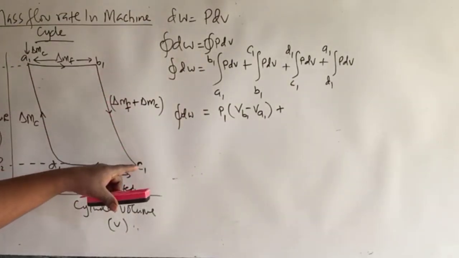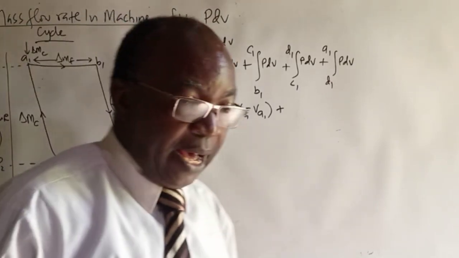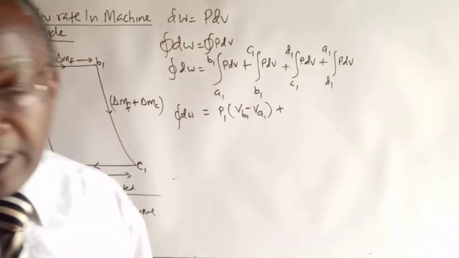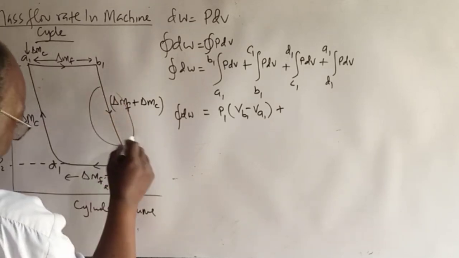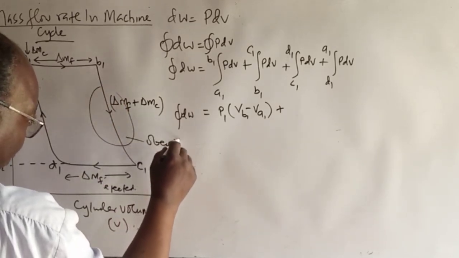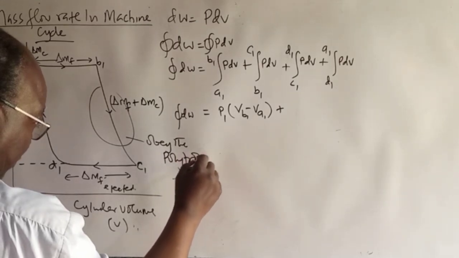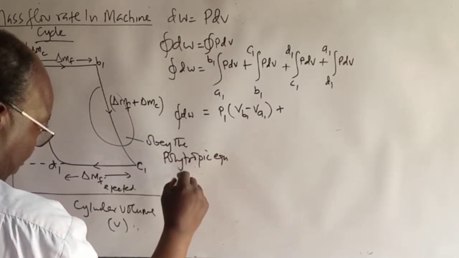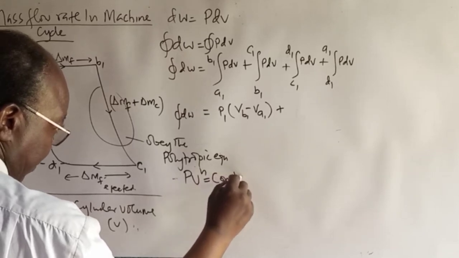B1 to C1. We have assumed that this process obeys the polytropic equation, which is PV^n equals a constant.